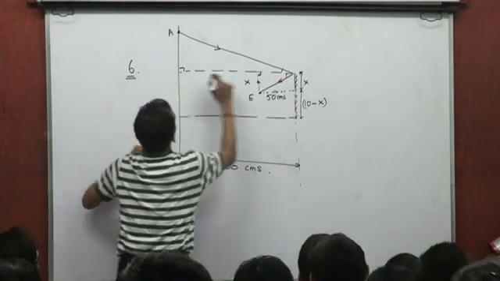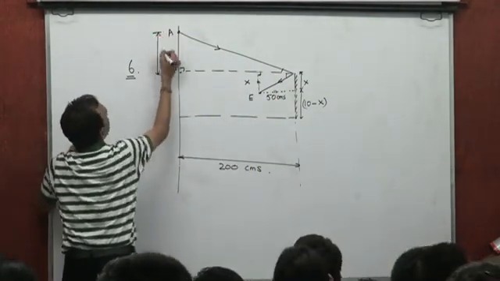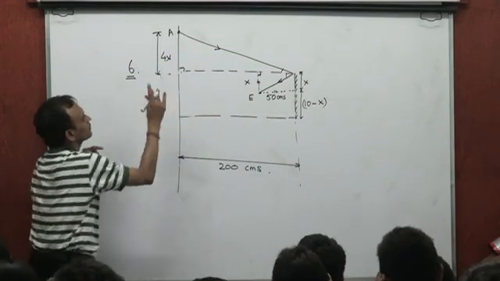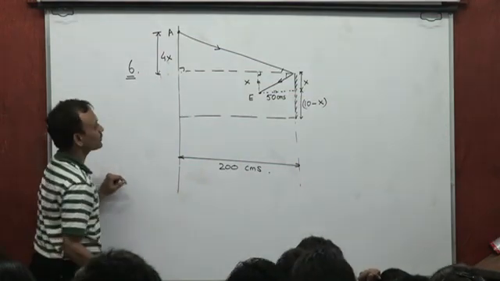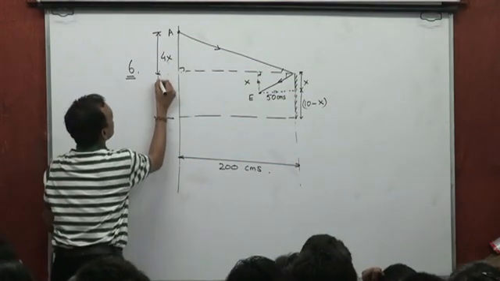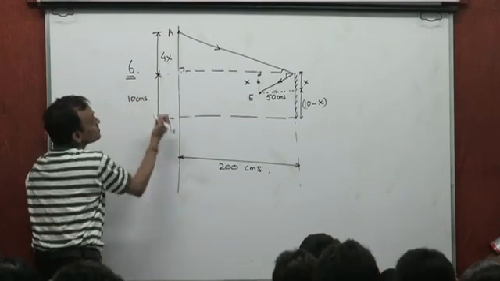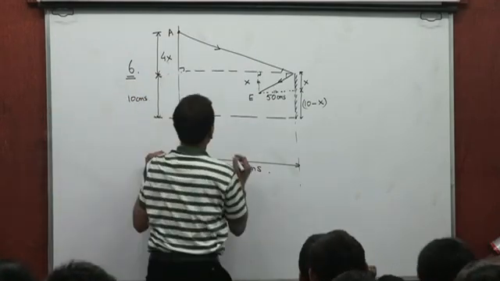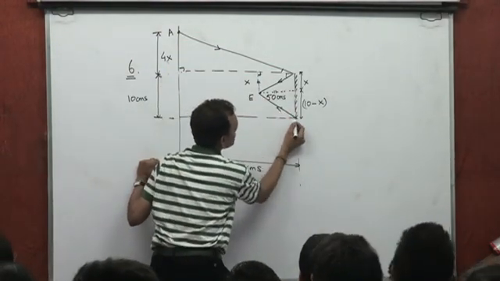So if this is X, what would this be? 4X, absolutely. This would be 4X. This is 10 centimeters.